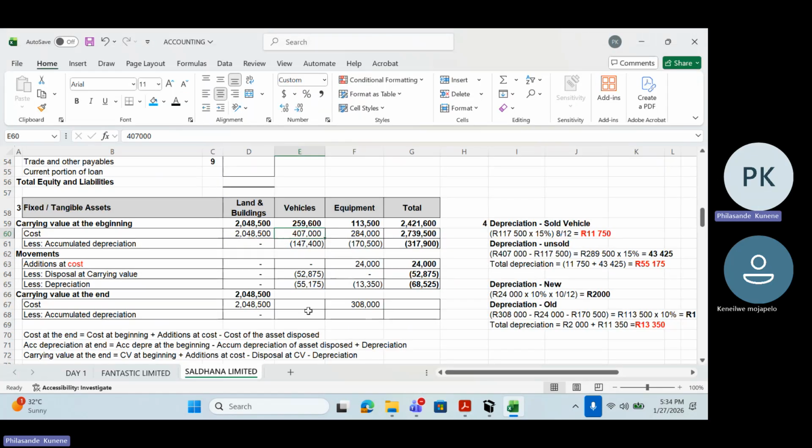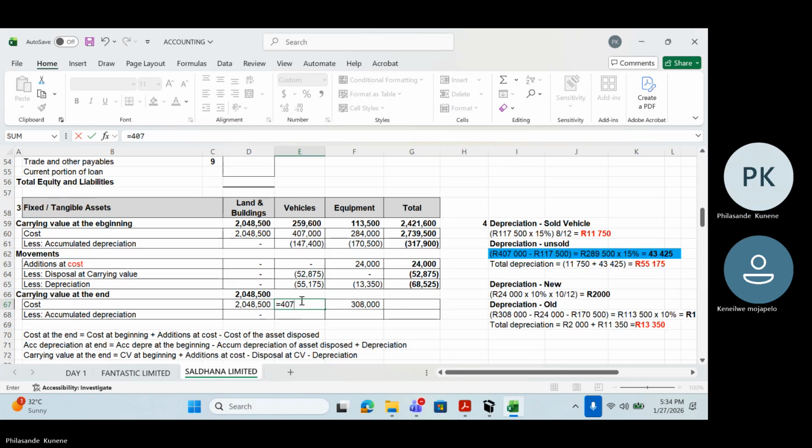So it's 407 minus 117,500, which we remember from this calculation, and we got 289,500. That is the cost at the end.